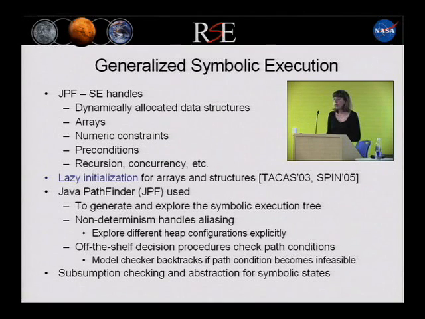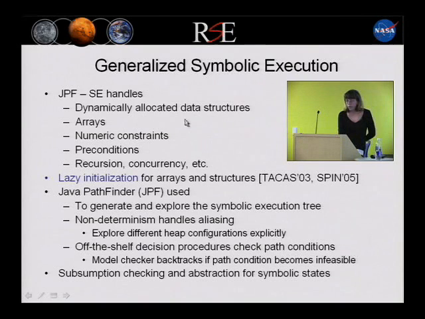For example, how would we analyze a method if the input is a list or a tree or a graph? Also, how would we handle arrays and so on? So our framework handles all these features, and basically it handles concurrency and arbitrary control flow for free because JPF already handles that.